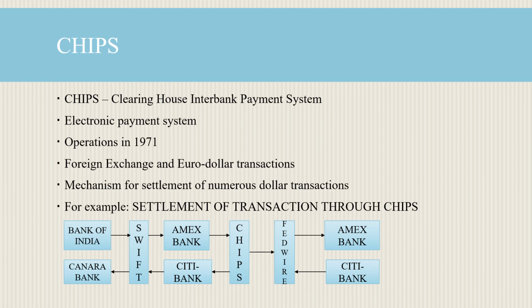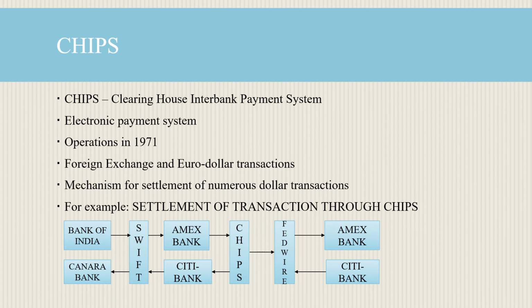How this transaction is routed matters. It's very simple to understand how the transaction would have gone, but what matters is the stages it passes through in order to settle. Here communication is sent through SWIFT, and CHIPS helps in settling the transaction.